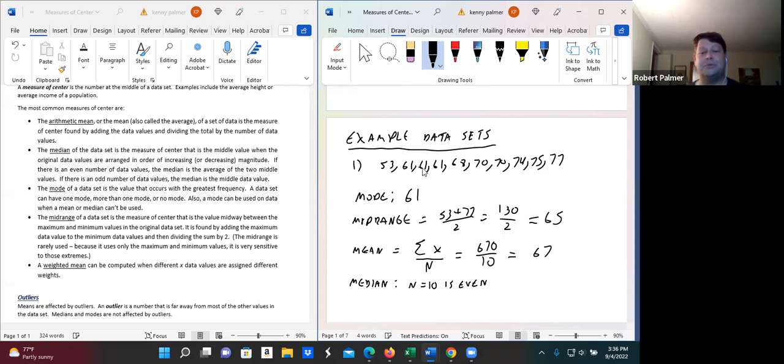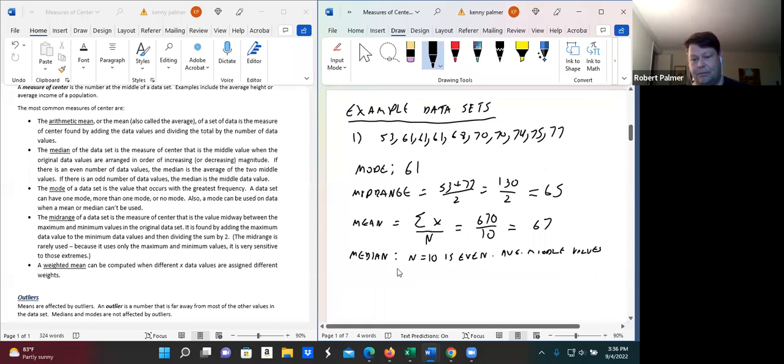So what we're going to do in that case, as we said, for an even number, we're going to average the middle values, 2 values in the middle. Here are the first 5 data values. Here are the second 5. So we're going to average these 2. So then the median is equal to 68 plus 70 divided by 2.